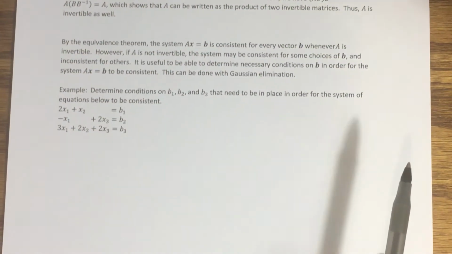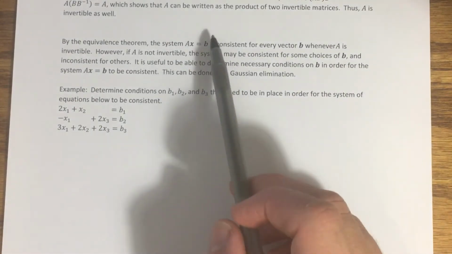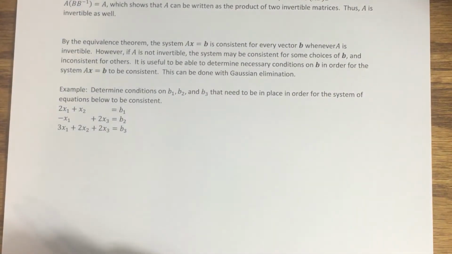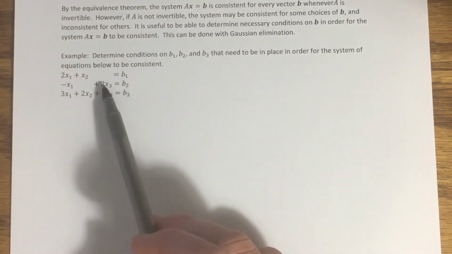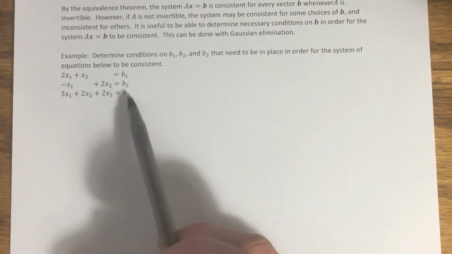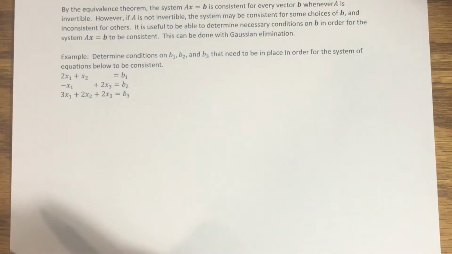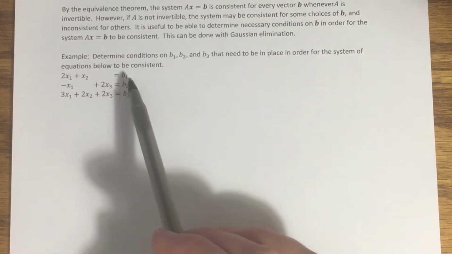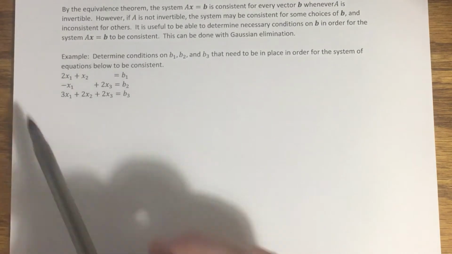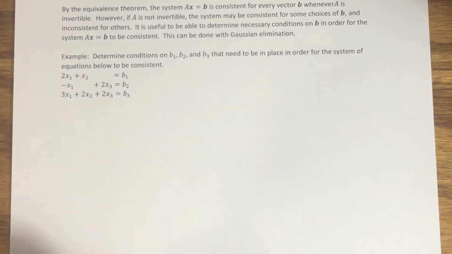So how do we determine which cases for B give us consistent systems? Well, we use Gaussian elimination for that, and I'm going to illustrate with this example. Let's say that we have this linear system, but notice the constants are arbitrary, B1, B2, and B3. I don't know what those constants are. I'm keeping things general. So what I want to do is determine for what values of B1, B2, and B3 this system will have solutions. Will it be consistent?